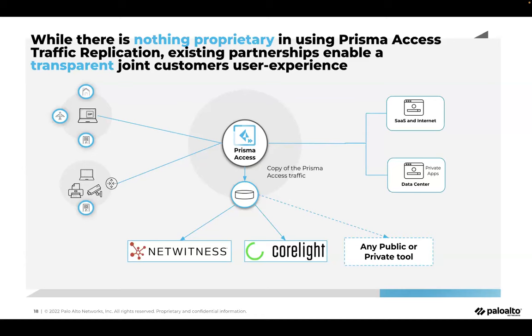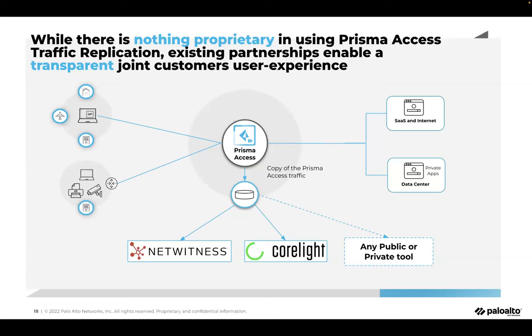I am listing here two of them, NetWitness and Corelight, and very often customers use these tools on-prem, getting a span port, sending traffic to these tools for extra checks, extra analysis, all the value that these companies are bringing. But now when the same customer is adopting SASE and moving to the cloud, the visibility that these tools would have is diminishing.